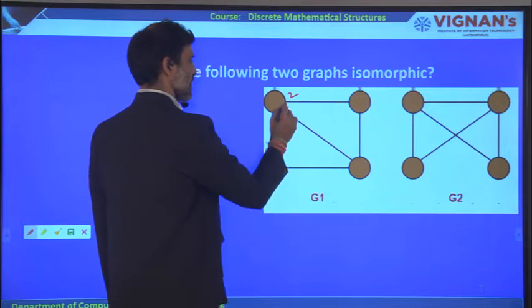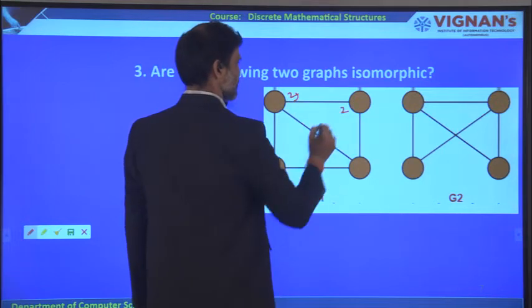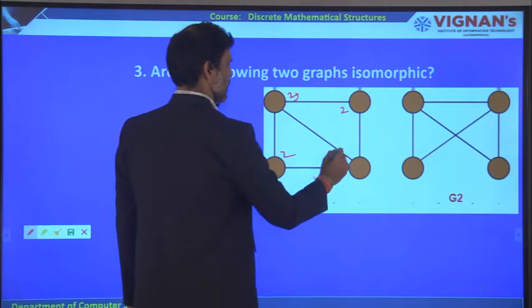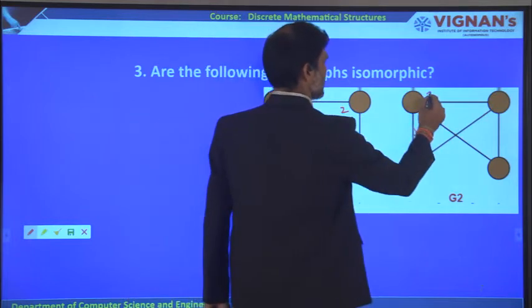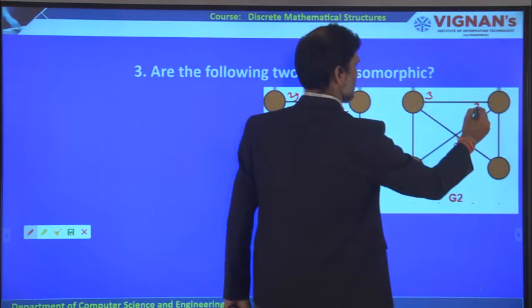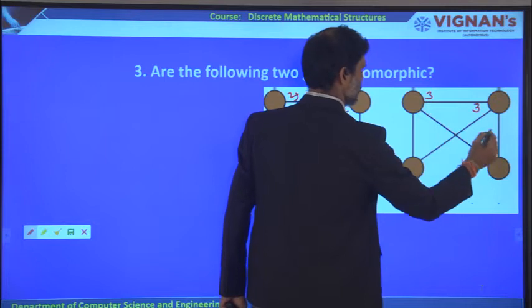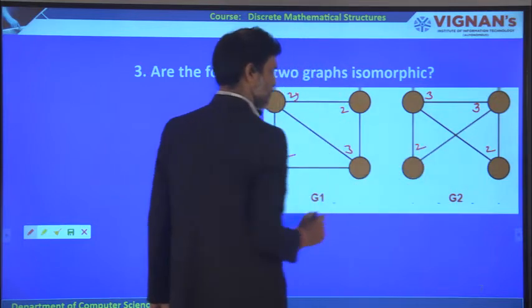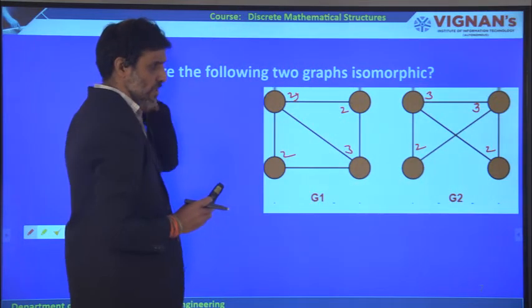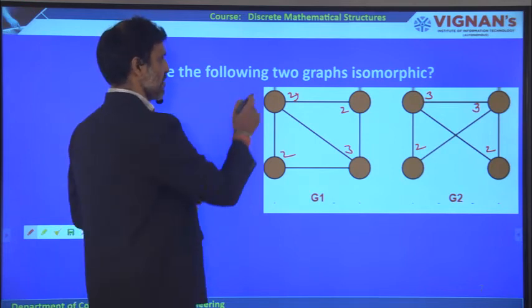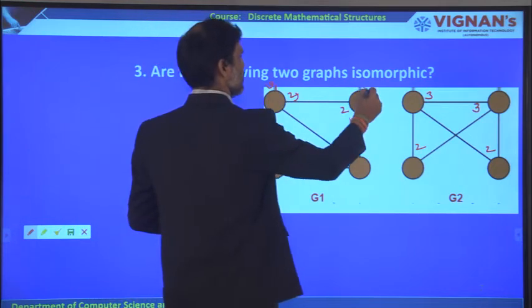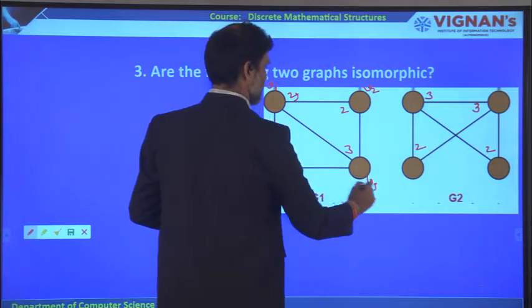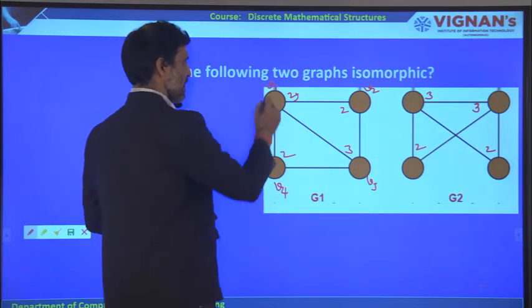The third condition is you have to take the degree. Here it is 3, sorry, here it is 2, here it is 2, here it is 3. Similarly here it is 3, here it is 3, here it is 2, and here it is 2. Like this you have to take. So for the degree sequence, V1, V2, V3, V4.